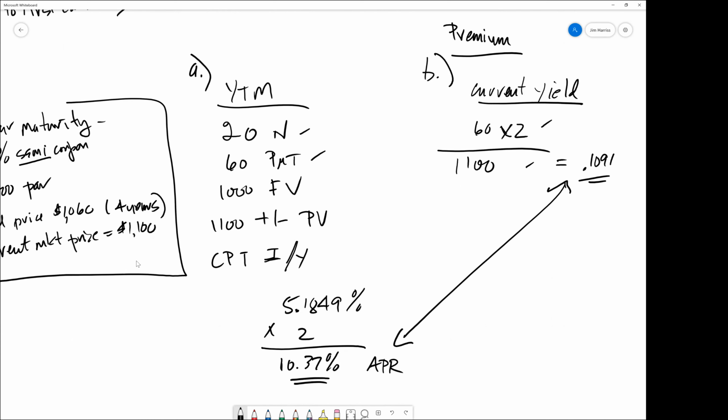Your present value has to be greater than $1,000, your current yield has to be greater than your yield to maturity, and vice versa. But this is how I'm going to give you a bond problem or example, exactly how you're going to have it on the test in just a minute. I just want to show you how these things work.